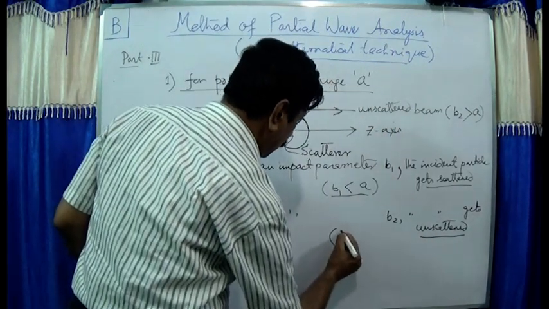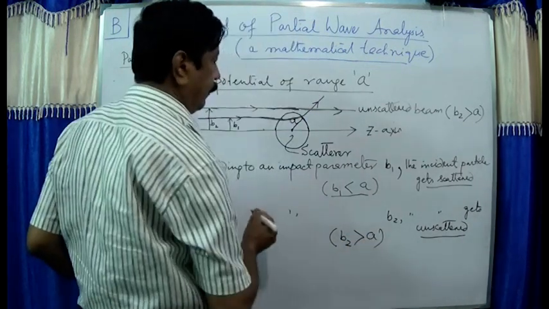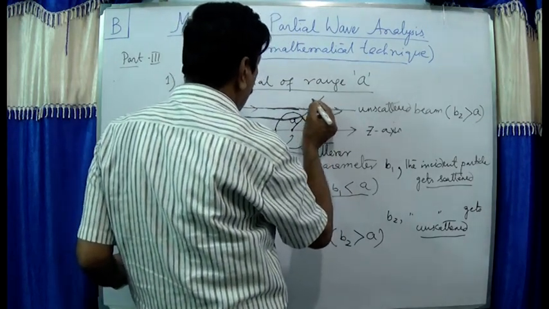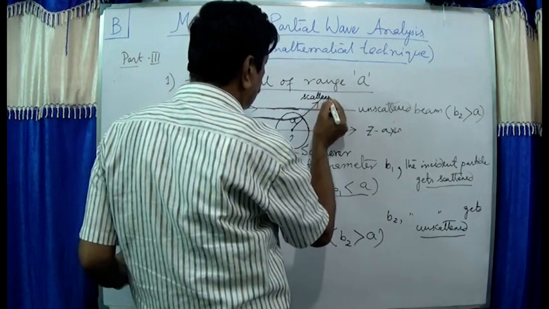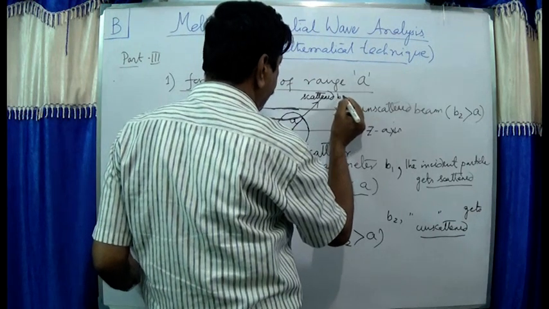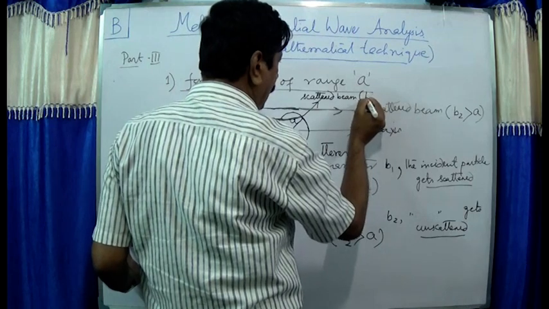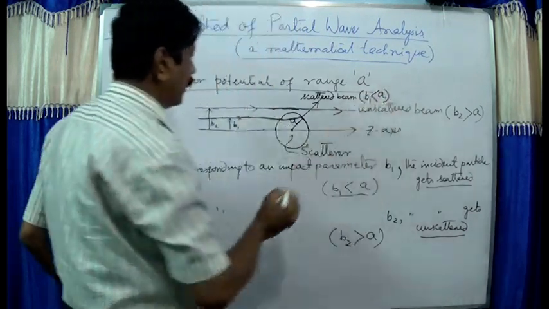When B2 is greater than A. So this is your scattered beam having impact parameter B1 less than A.